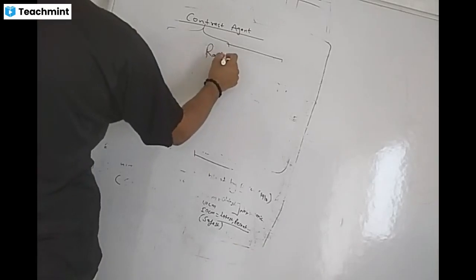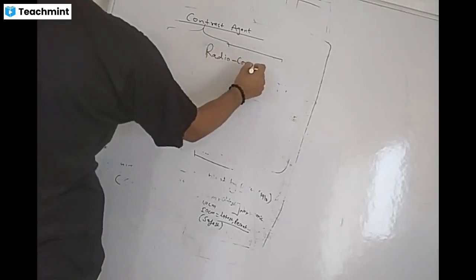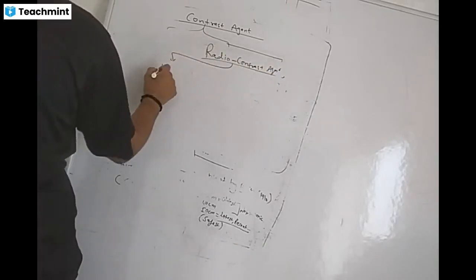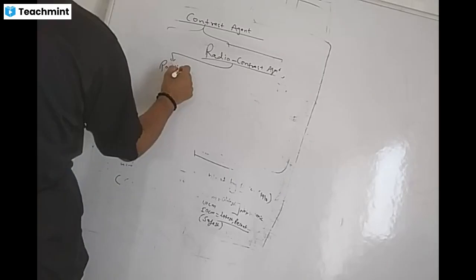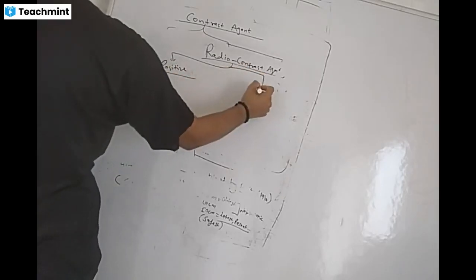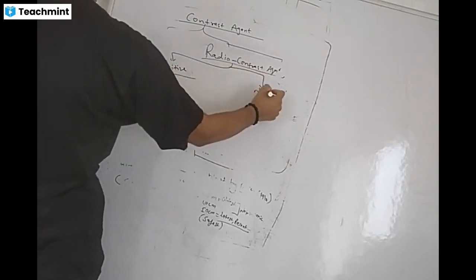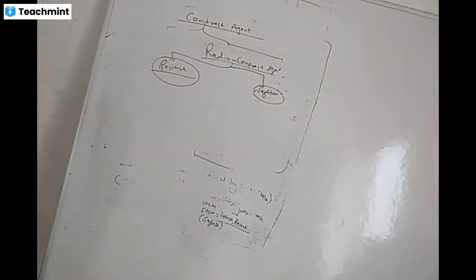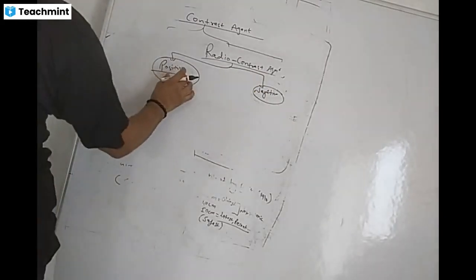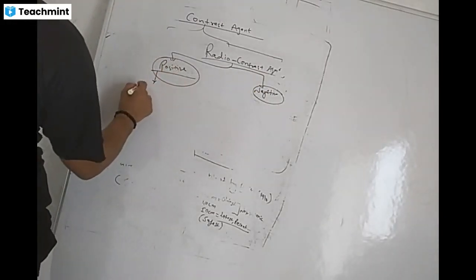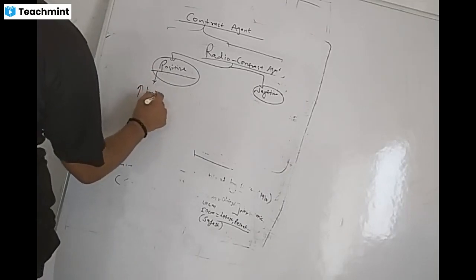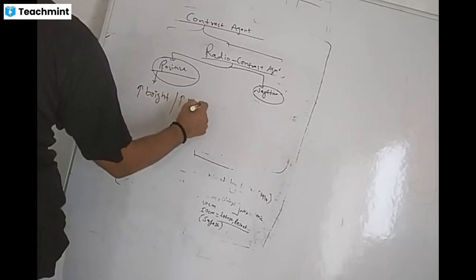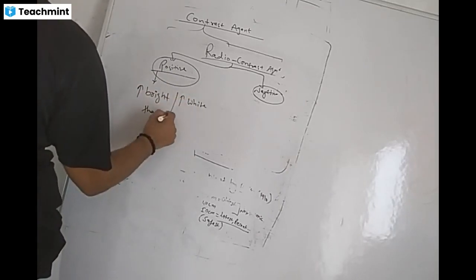Radio contrast agents may be positive or negative. Positive means they are brighter, they are whiter than the surrounding.